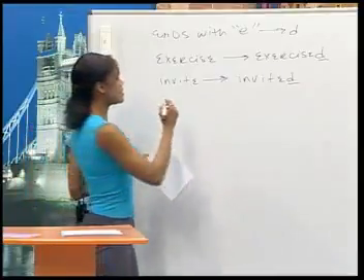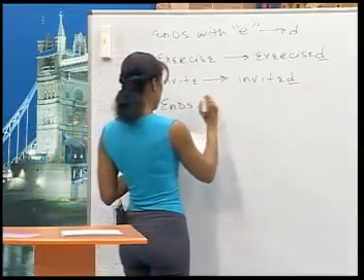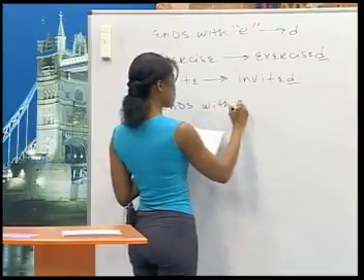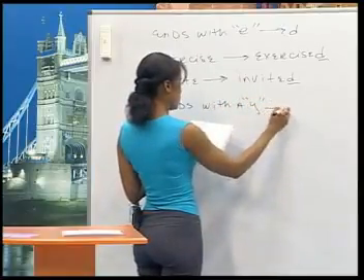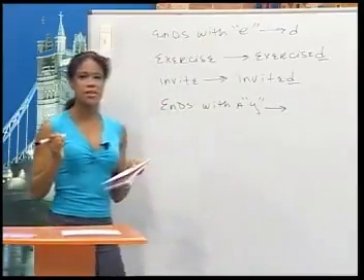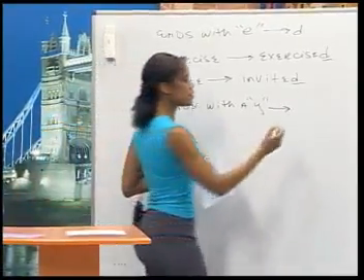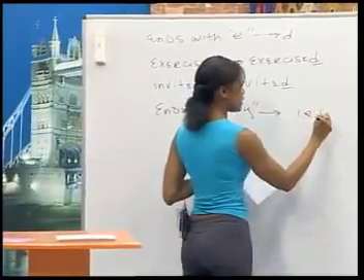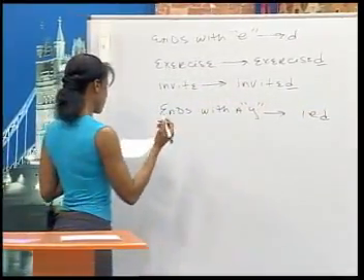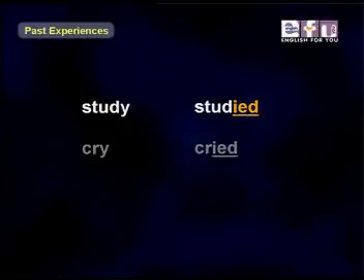Now when a word ends with a Y after another consonant, we change the Y to I-E-D. So for example, study ends in a Y after a consonant, after the D. So in the past tense, we write studied, change the Y to an I before the ED.